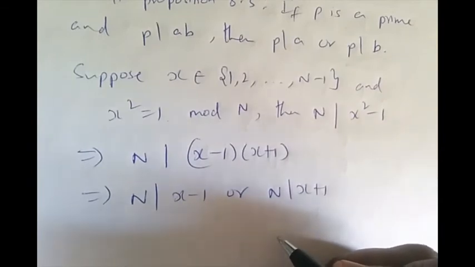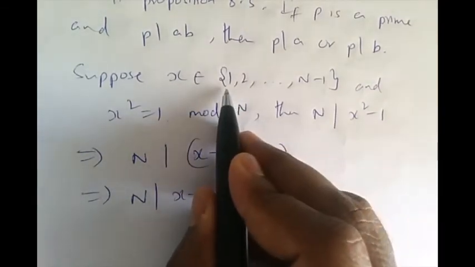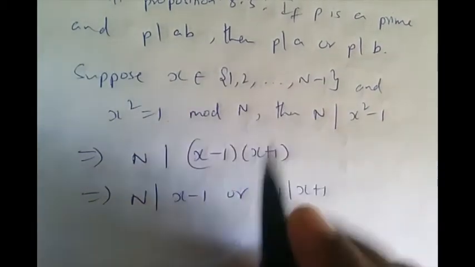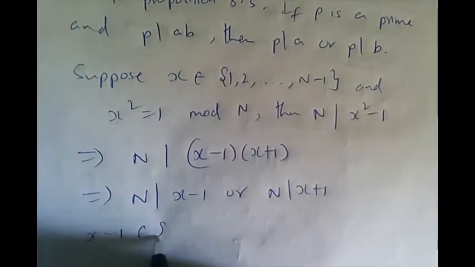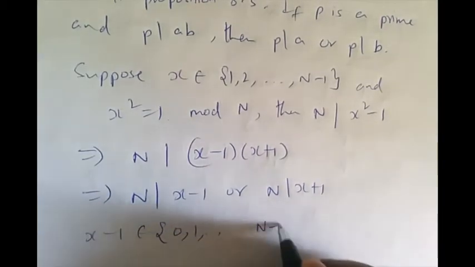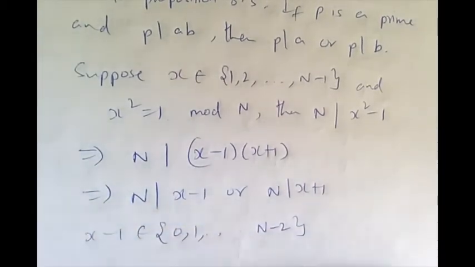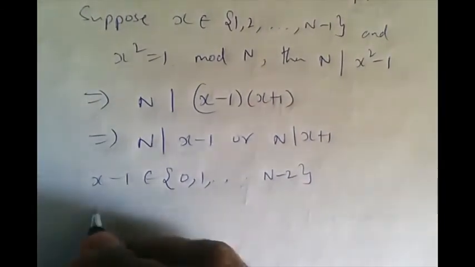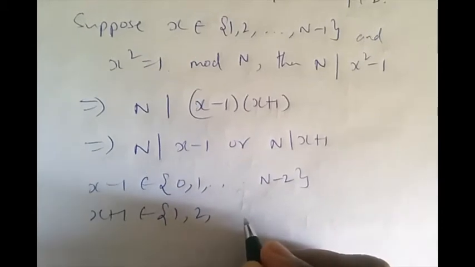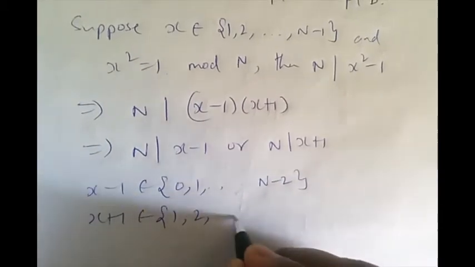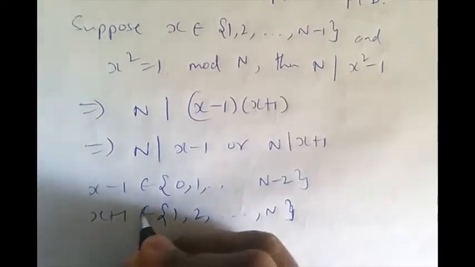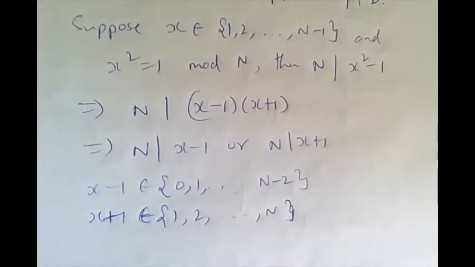Okay. Now if you look at these integers, x minus 1 and x plus 1, x is in 1 to n minus 1. So x minus 1 belongs to 0 to n minus 2, and x plus 1 belongs to 1 to n. Right?